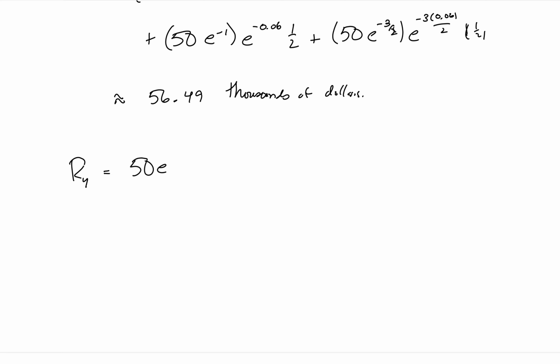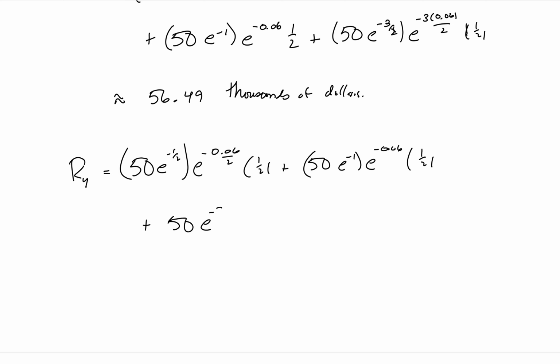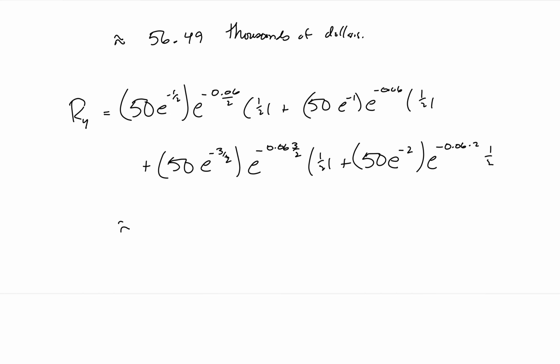So I'm going to have 50 e to the minus 1/2 e to the minus 0.06 over 2 times 1/2 plus 50 e to the minus 1 e to the minus 0.06 times 1/2 plus 50 e to the minus 3/2 e to the minus 0.06 times 3/2 times 1/2 plus 50 e to the minus 2 e to the minus 0.06 times 2 times 1/2, and this is about 35.31 thousands of dollars. So that gives us our two approximations for our present value.